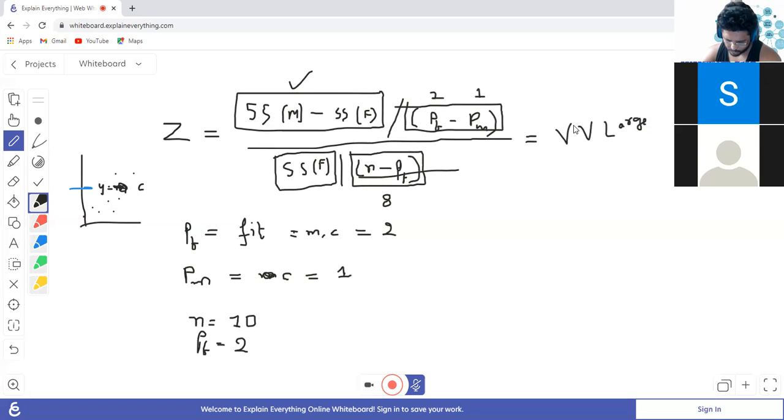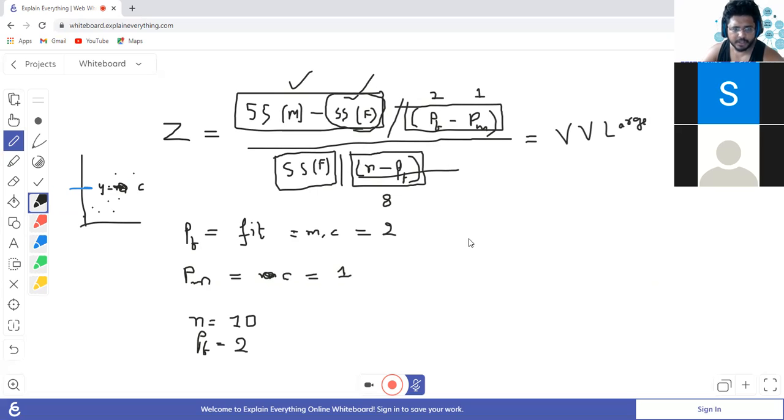And the rule says that F is a really, really large number if the fit is good. That is true because this is the factor which will determine the value of Z, like it was determining the value of R square. So there is a little bit of difference from R square, but just remember the formula of Z.